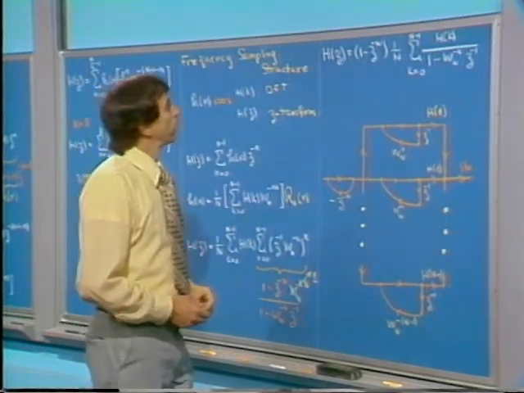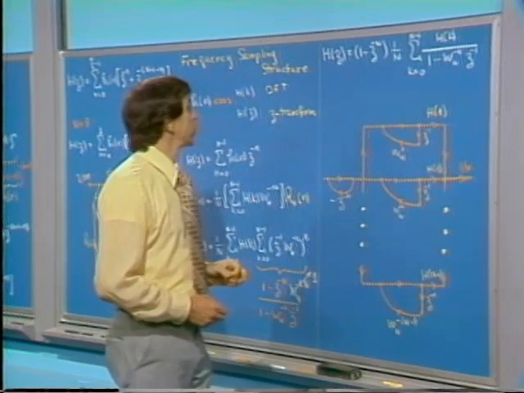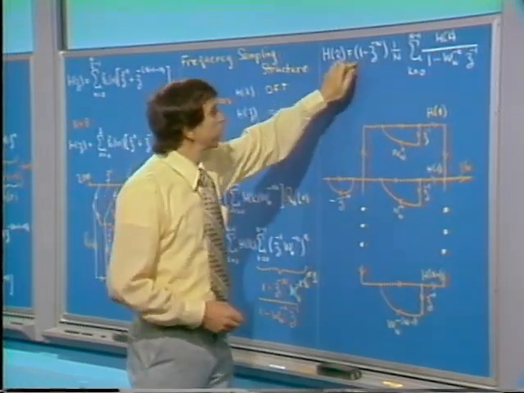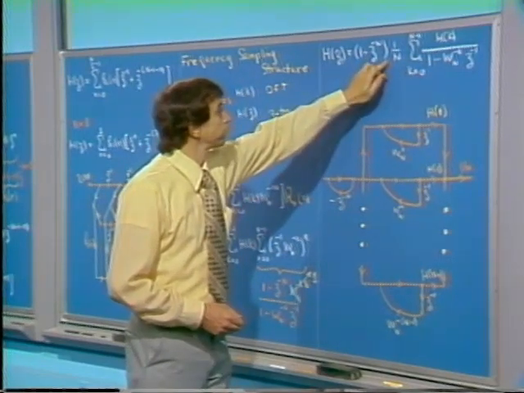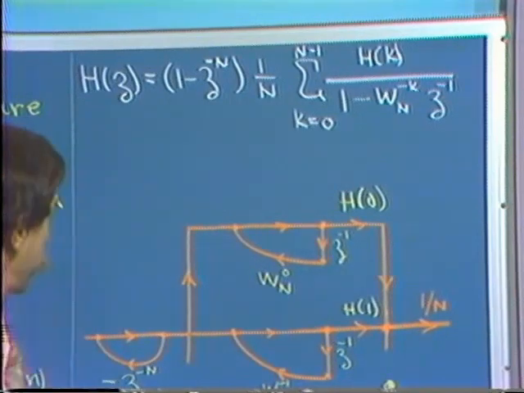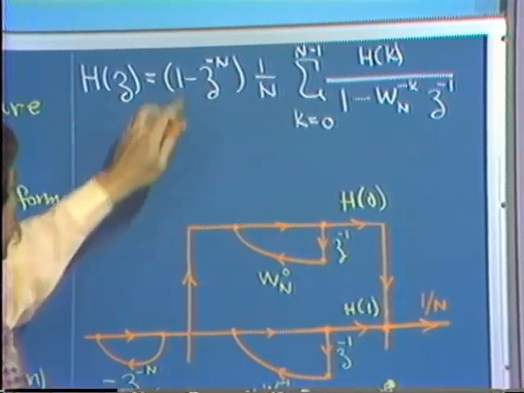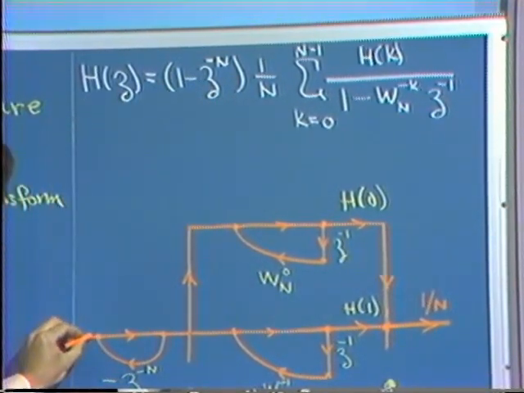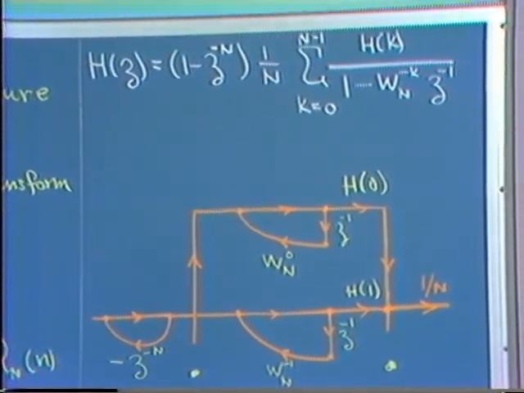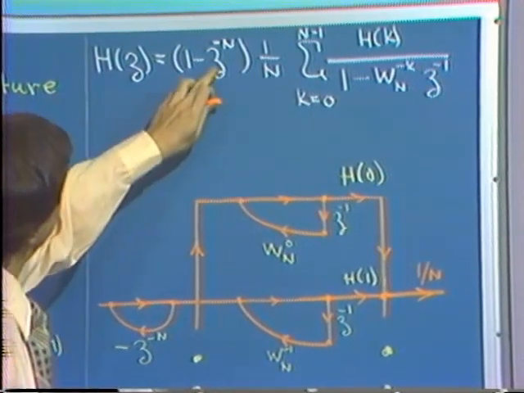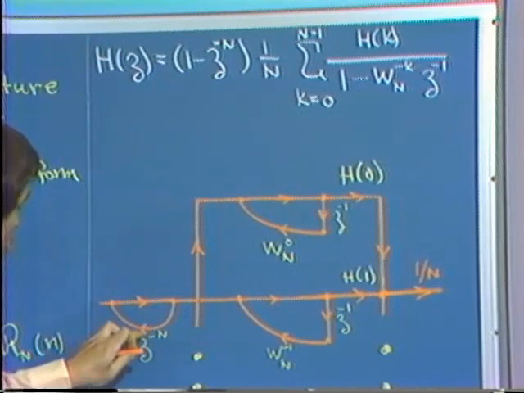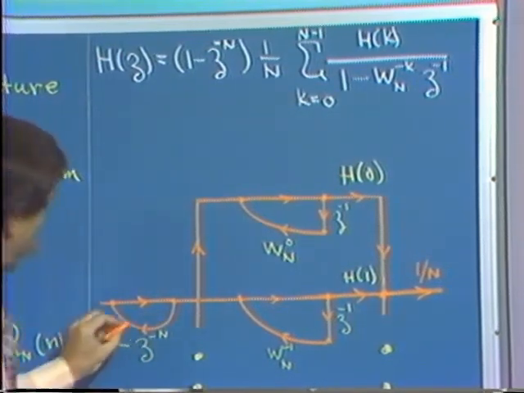Well, let's look at what the specific structure is. We can view this as a cascade of the system that implements this term in cascade with the system that implements this summation. This term is simply implemented by a gain of unity in the forward direction, and then a gain of minus z to the minus capital N. I happen to have the arrow here in the reverse direction, which is wrong.